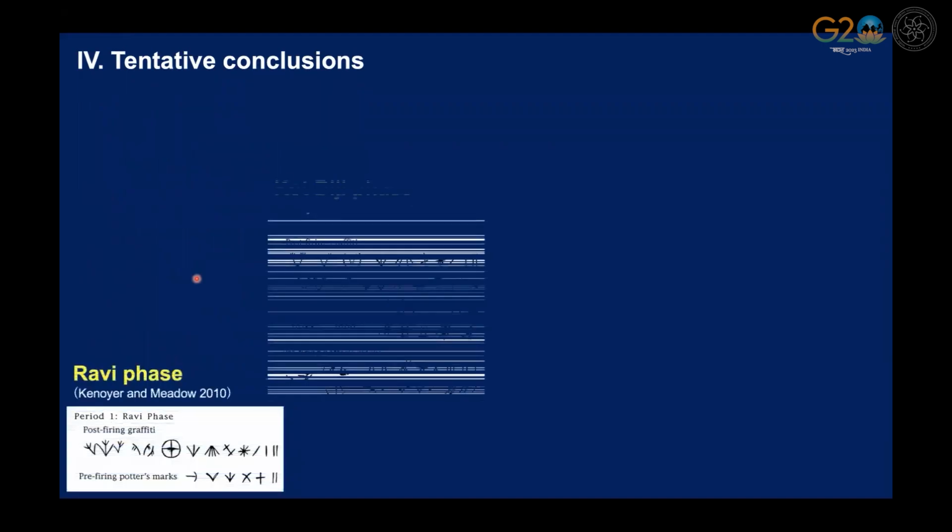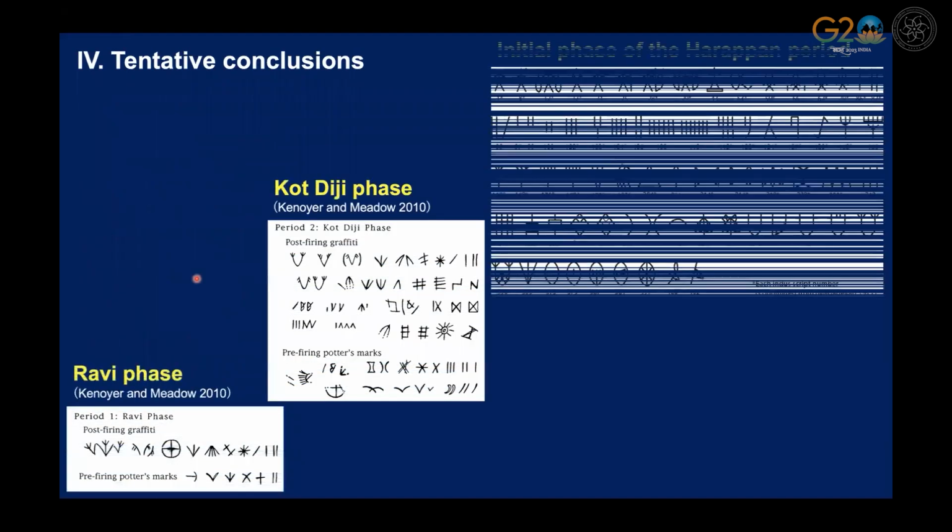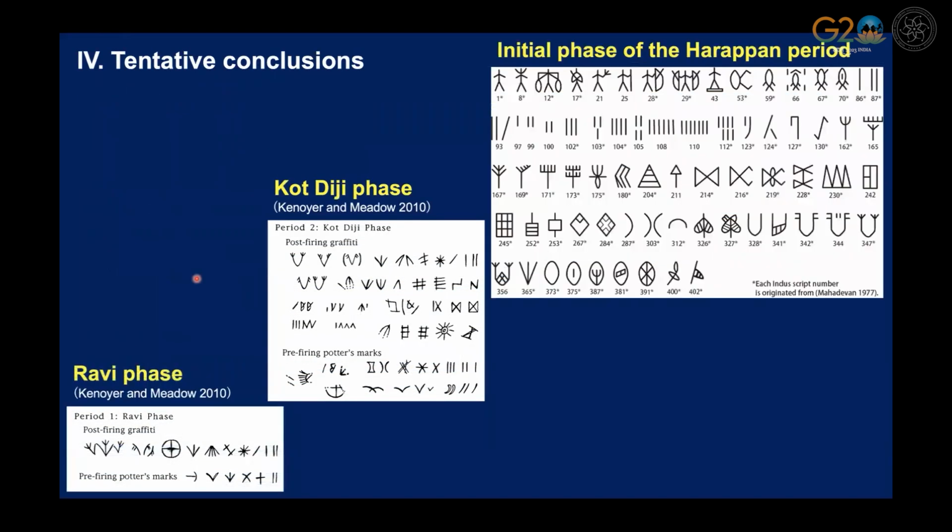On the basis of excavations at Harappa and others, now we can understand the chronology of early Indus script from the early Harappan phase to the initial phase of the Harappan period, like this sequence.